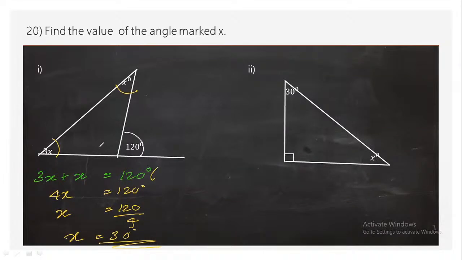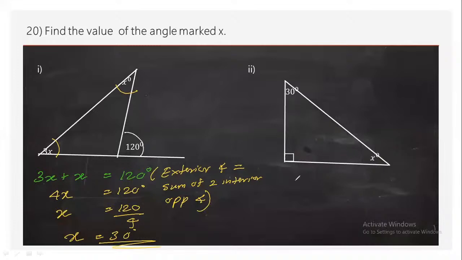So that's why I'm explaining like this. 3x plus x, then we can write exterior angle equal sum of two interior opposite angles.